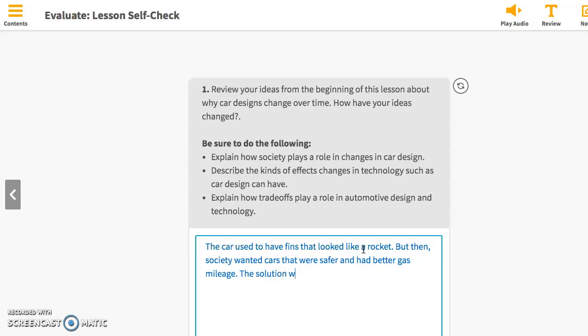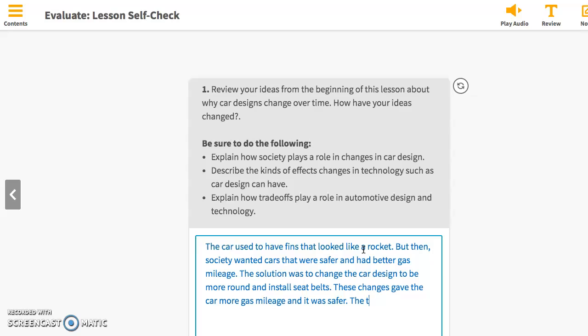The solution was to change the car design to be more round and install seat belts. These changes gave the car more gas mileage and it was safer. The trade-off was that the cars also got smaller and didn't have rocket fins anymore.